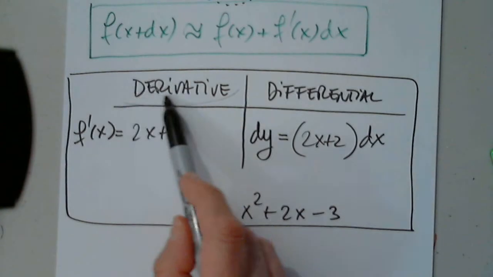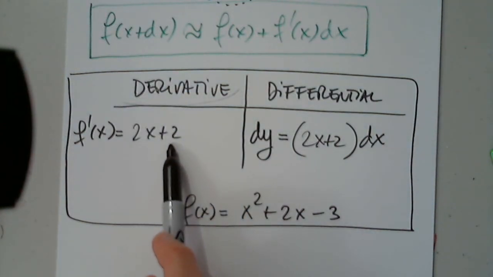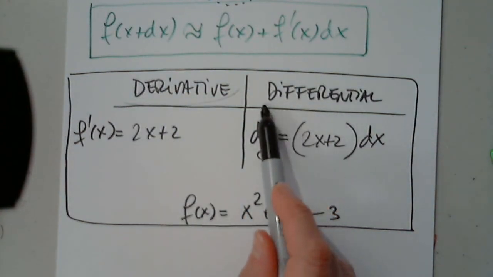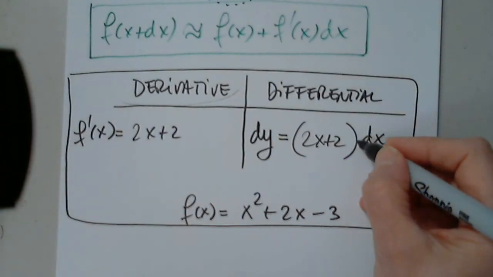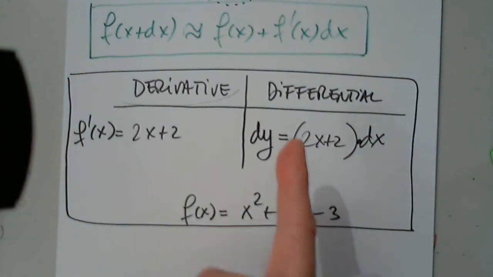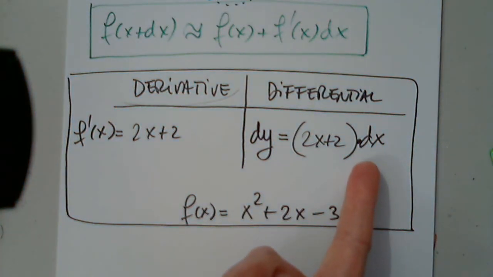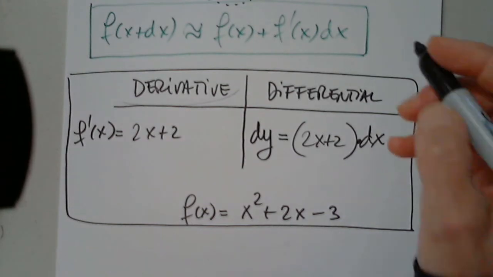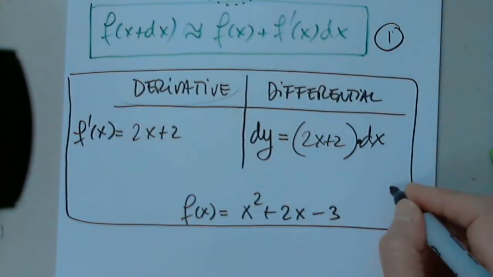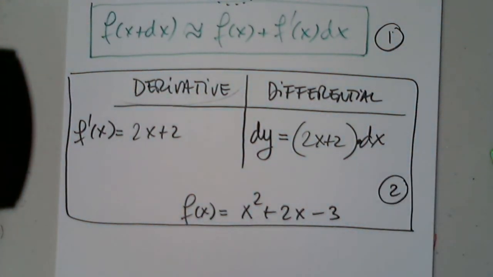When we talk about the derivative, we talk about the derivative of the function. When we talk about the differential, we are talking about the product between the derivative and the minor change in x, dx, the differential of x. So please understand this is super important, and this is the second super important concept here.